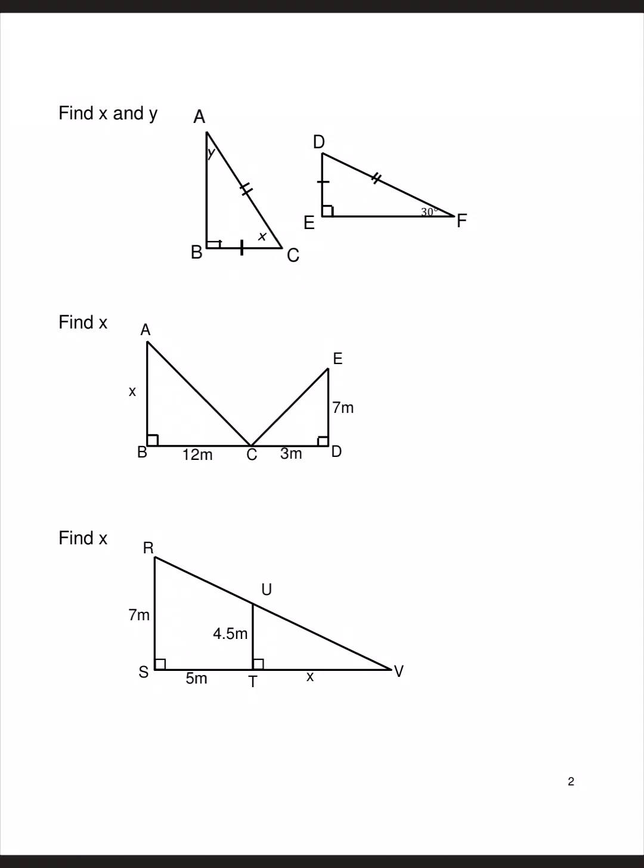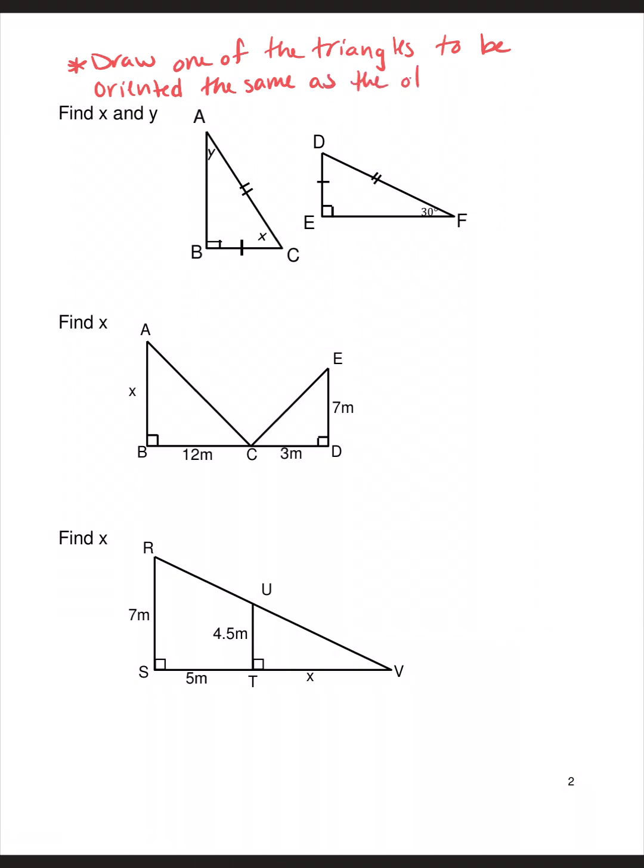So let's just make a note here that we're gonna draw one of the triangles to be oriented, which just means like turned or seen in a different kind of direction, the same as the other triangle.